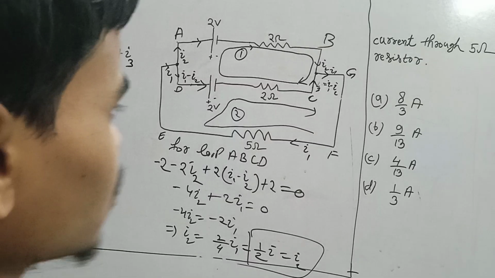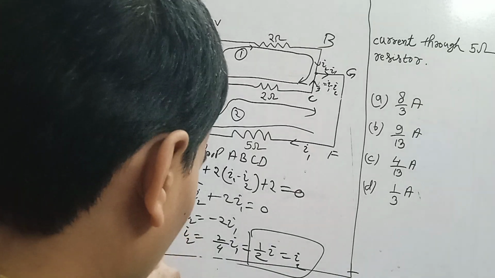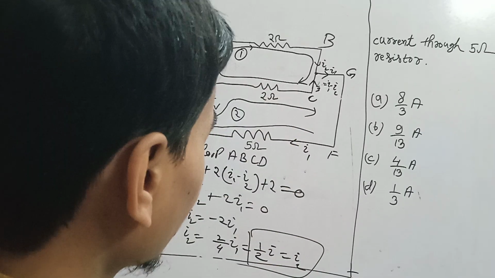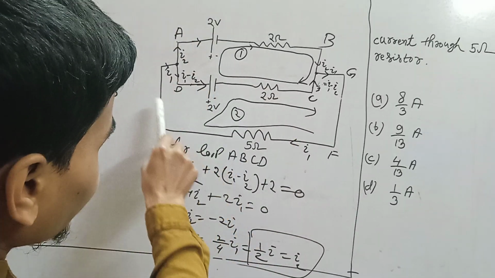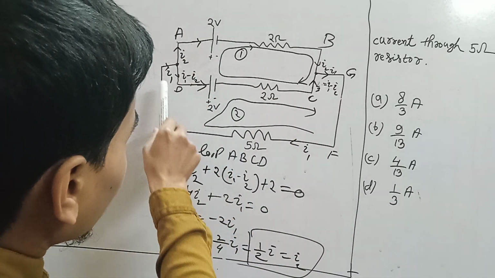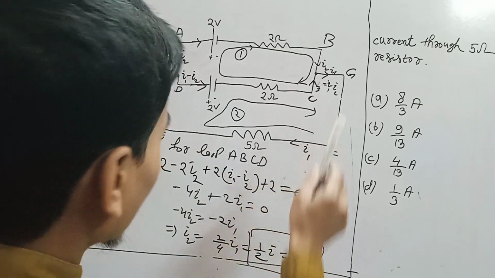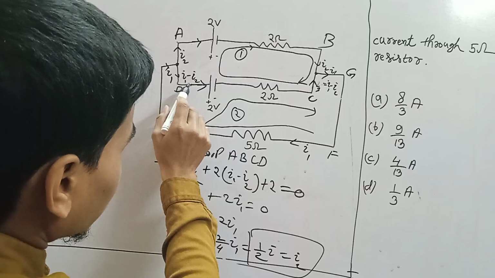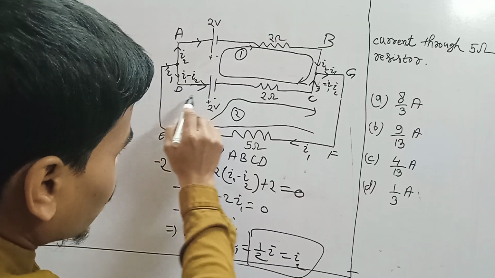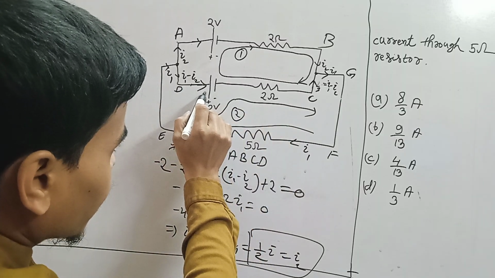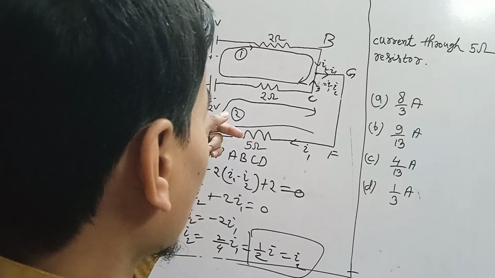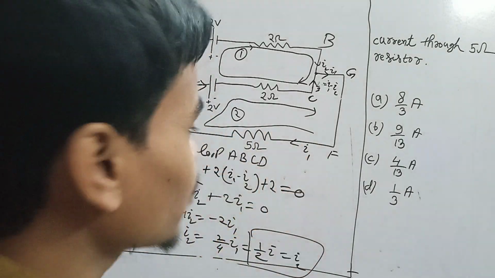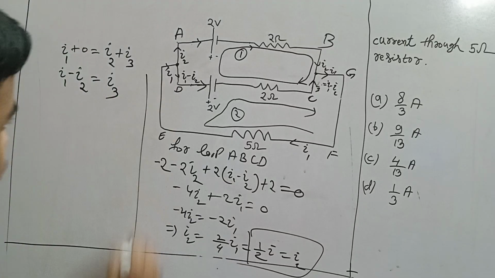And for this loop, in this direction, the first loop is completed. Now for this other loop, first we go from this direction, along our clockwise direction, and first there is plus 2 volt, that is positive to negative, so I am writing it here.